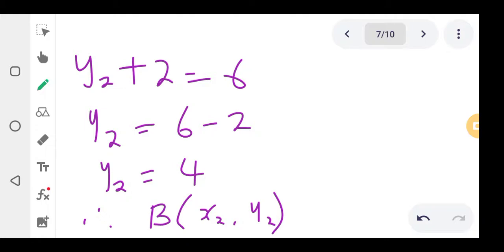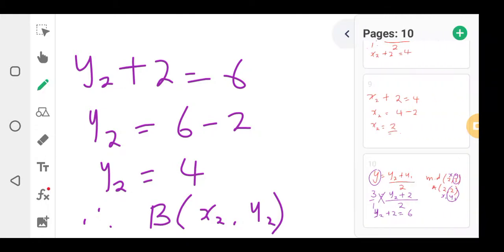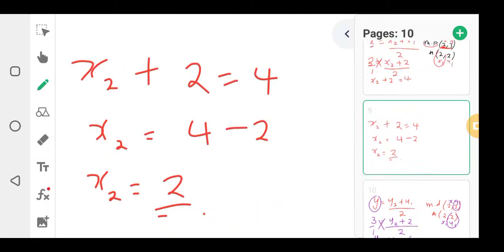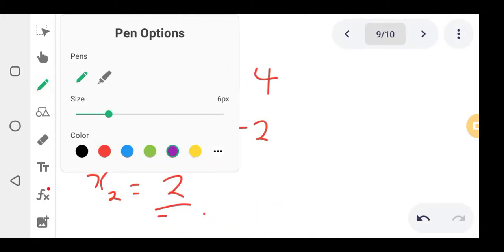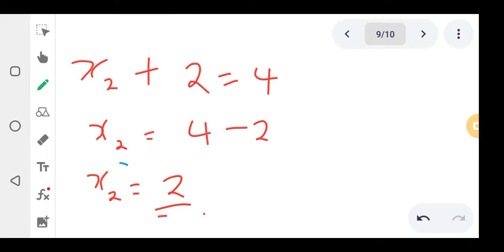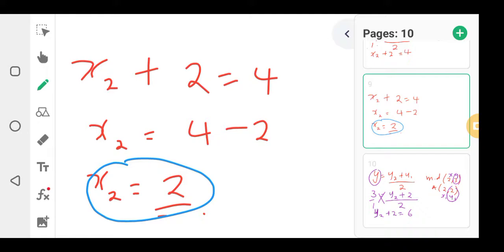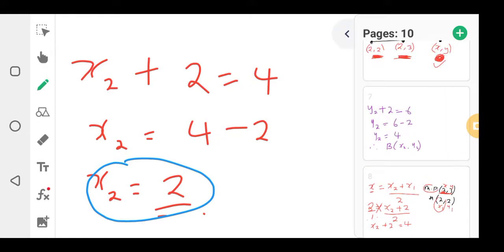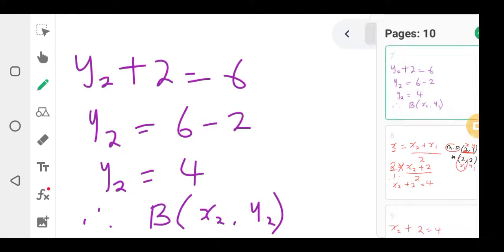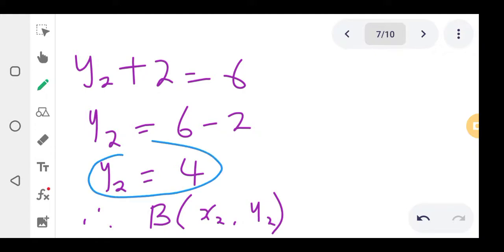So what are the coordinates? We have already calculated them. What is x2? In our calculations, we found that x2 is 2. And what about y2? y2 is this one, 4.